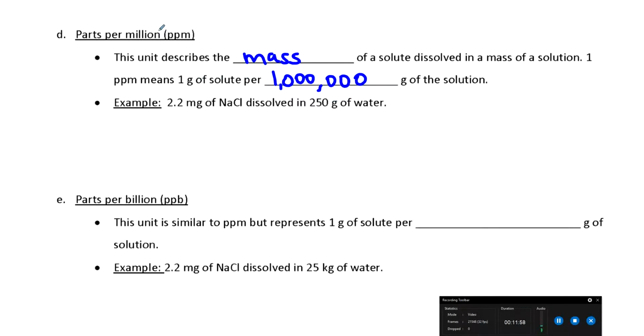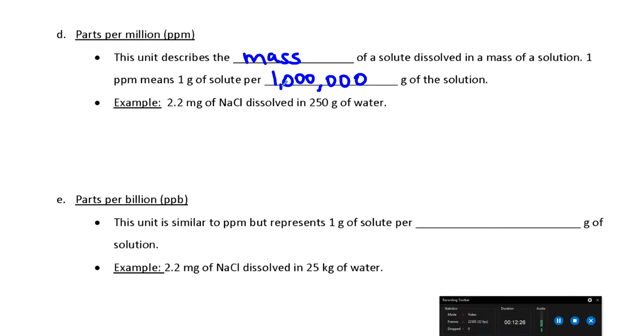Okay, so it's a part per million. You could use grams, or you could use really any unit of measure. It just means one of those units for every 1 million. In this case, we're going to talk about grams, but really it's just 1 part per every million parts. So 1 part per million is a very, very small concentration, right?